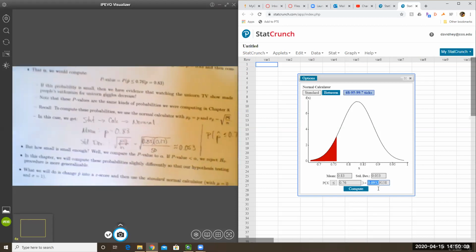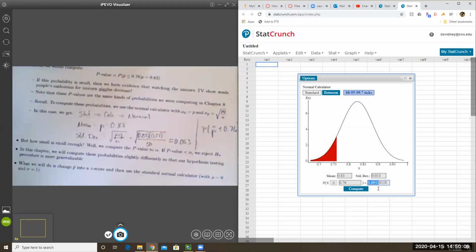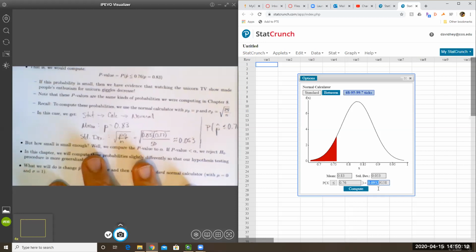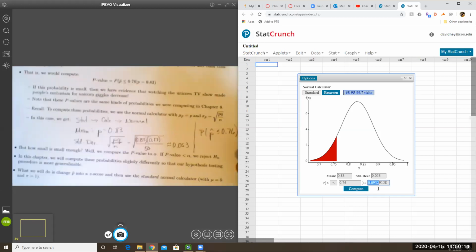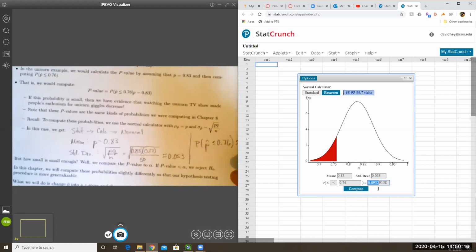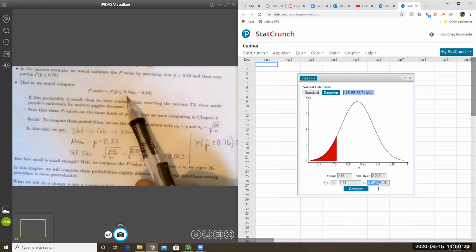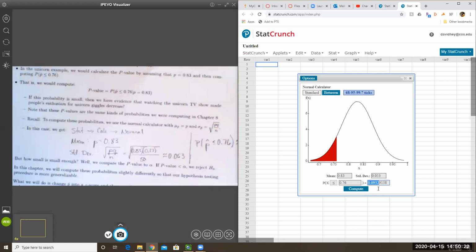And remember, we said if we get a small p-value, then that's evidence to support the alternative hypothesis. In this case, it would be evidence to support the claim that fewer than 83% of people like Unicorn Giggles.